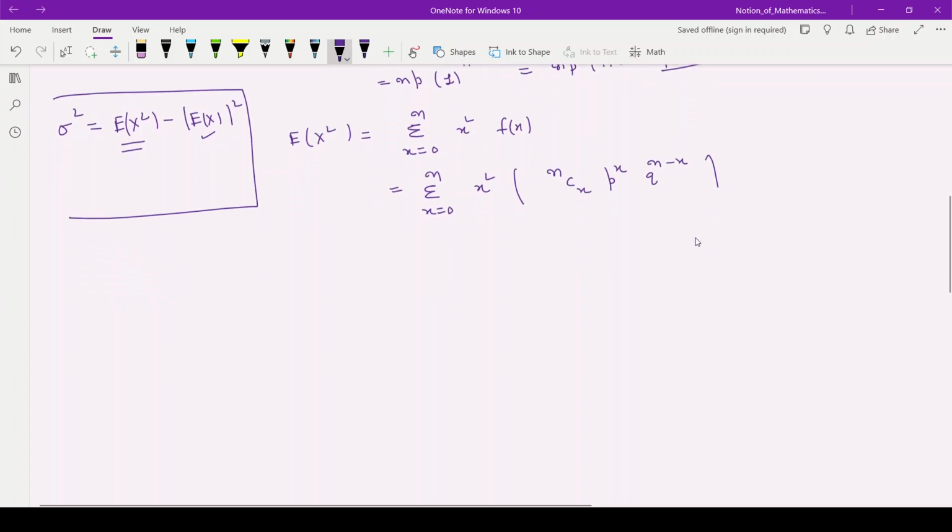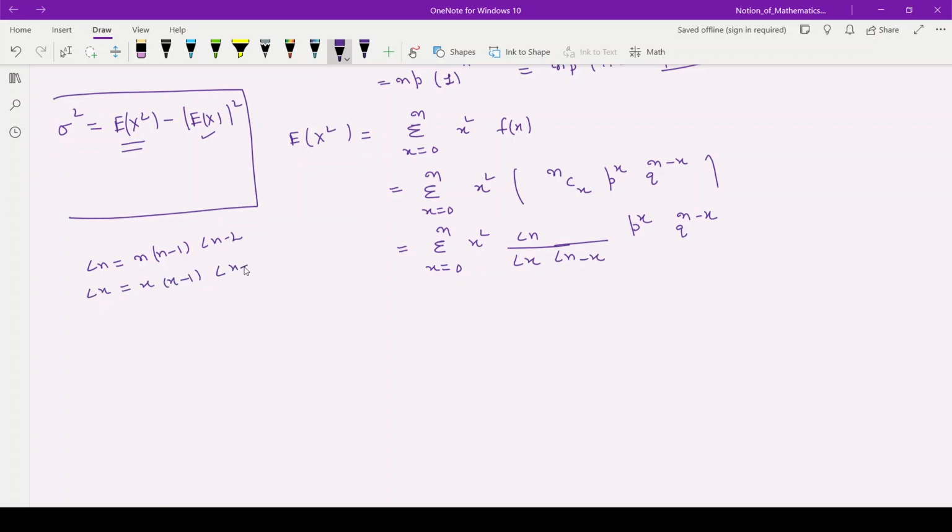So again we will just expand the formula here of nCx, that is factorial n upon factorial x into factorial n minus x, p to the power x q to the power n minus x, and here factorial n I will write like n into n minus 1 factorial n minus 2, factorial x is like x into x minus 1 factorial x minus 2.